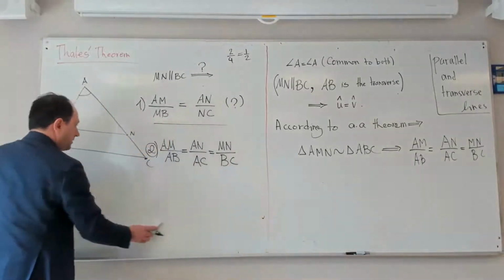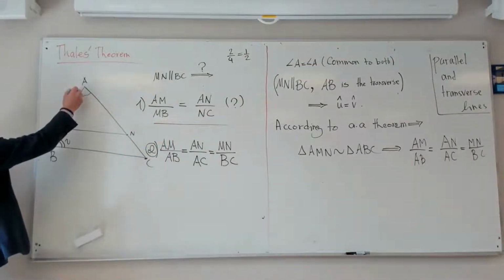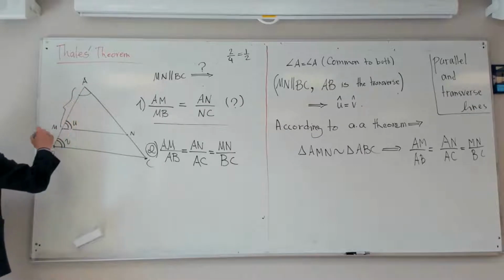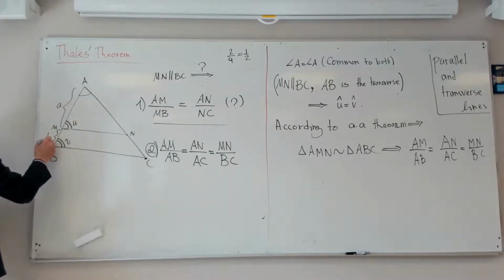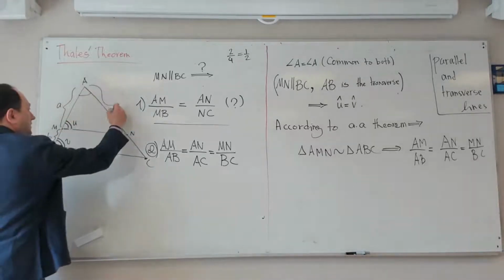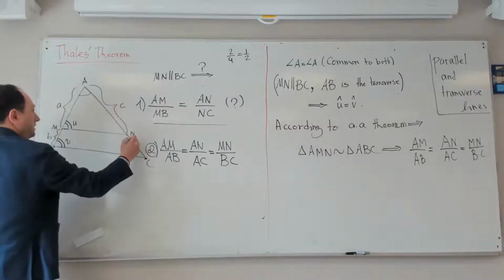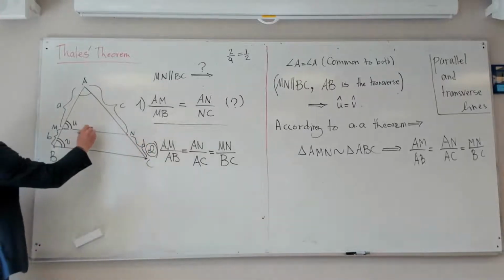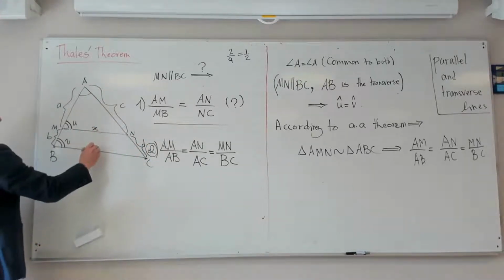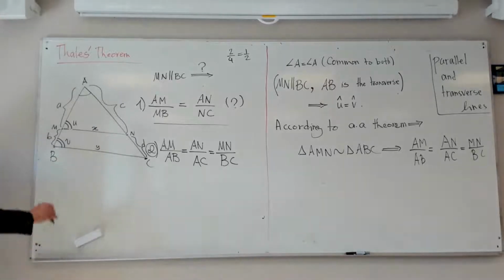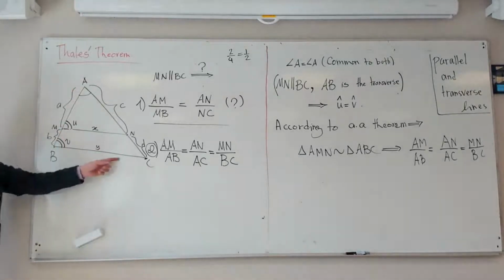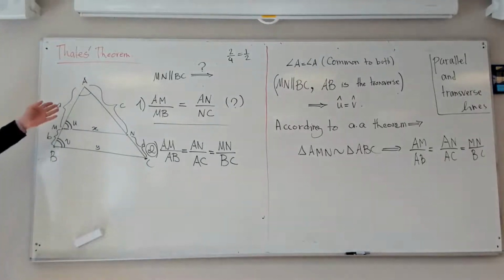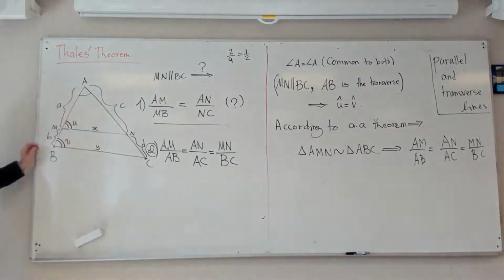From here to here, let me call it A. From here to here, B. From here to here, C. And from here to here, D. And let me call this length X and this length Y. Of course, I am deviating from my usual convention, but forget about this, I'm just giving names.